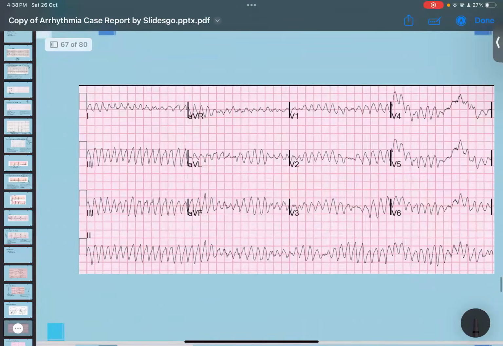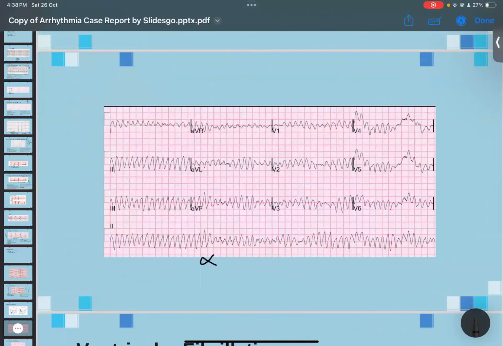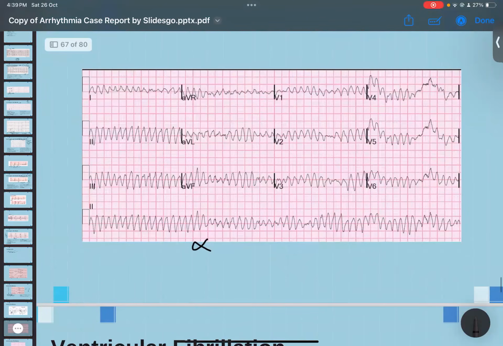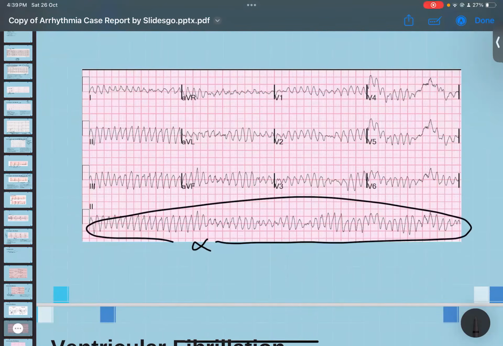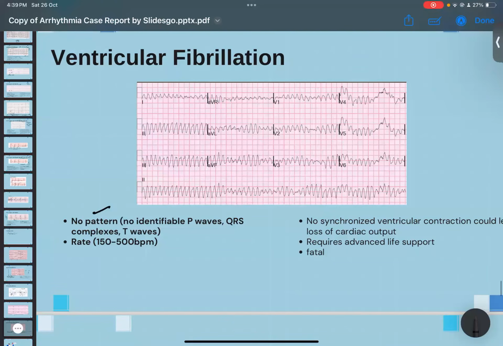Now, coming to this ECG. No P waves, no appreciable pattern. Irregular, obviously, and this is a very characteristic pattern of ventricular fibrillation. In ventricular fibrillation, there is no identifiable P waves, QRS complexes, or T waves.